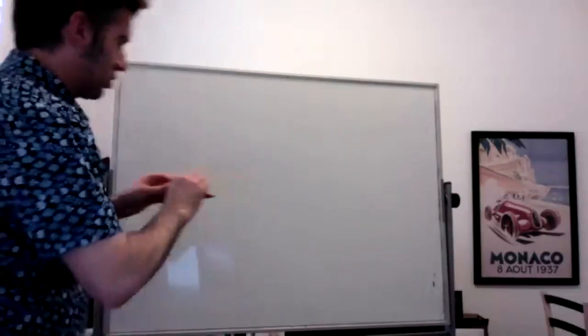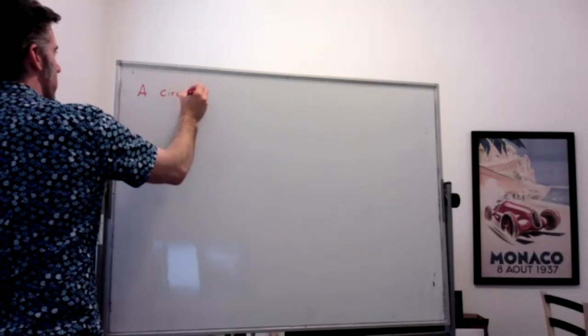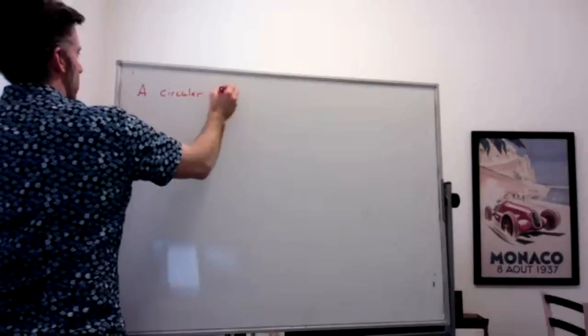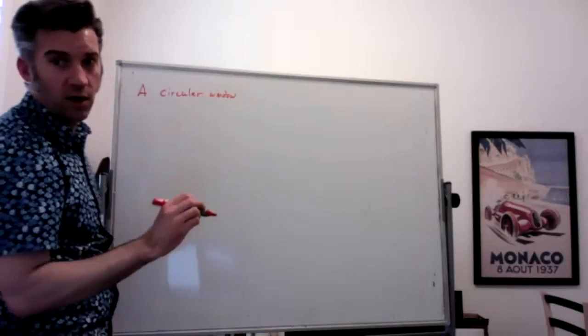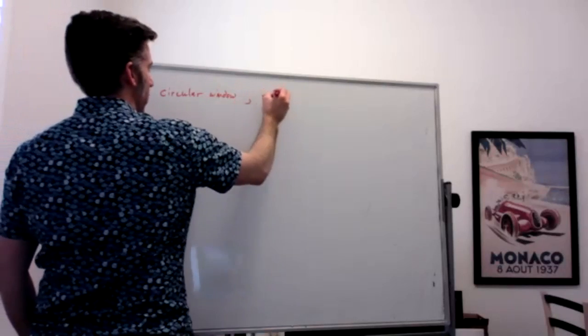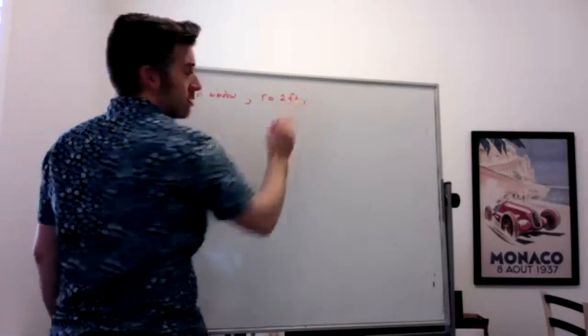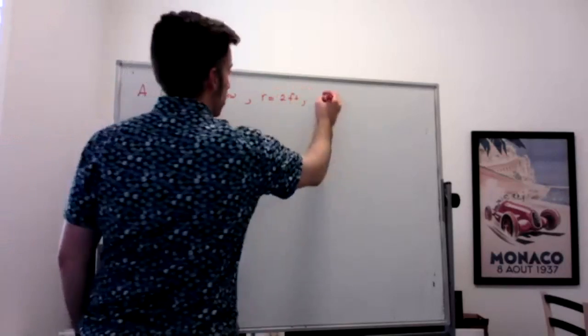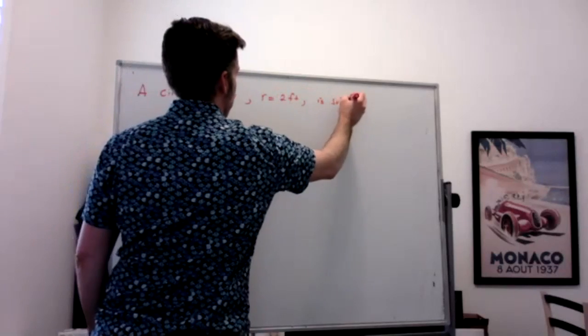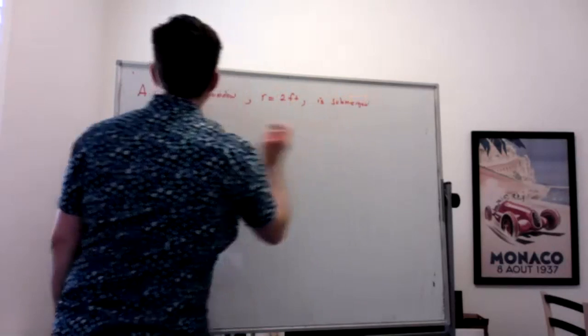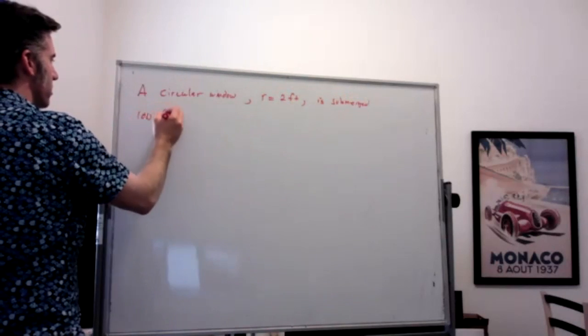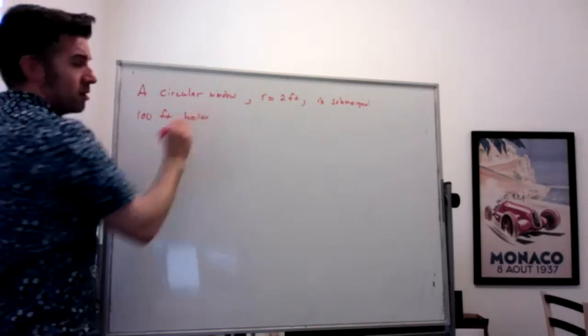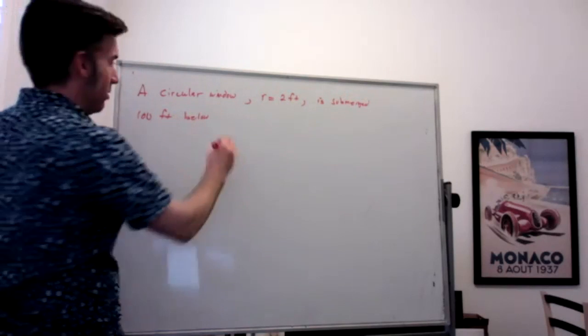So let's say we have a circular window. A window with a radius of 2 feet is submerged 100 feet below the water.